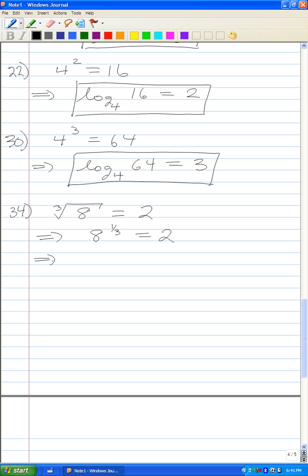And so this is the same as saying that the base is 8, the result is 2, and the exponent is 1/3. And so log base 8 of 2 equaling 1/3 says that the exponent of 8 that yields the result 2 is the exponent 1/3. So 8 to the power 1/3 is 2. The cube root of 8 is 2.